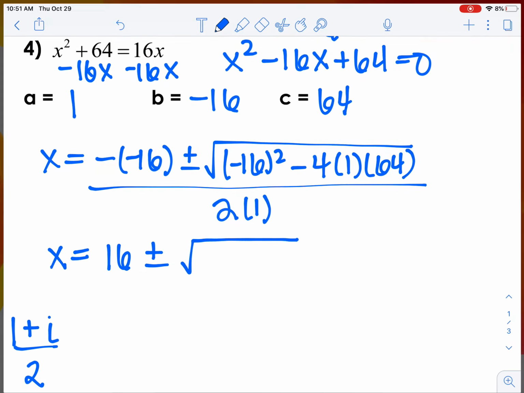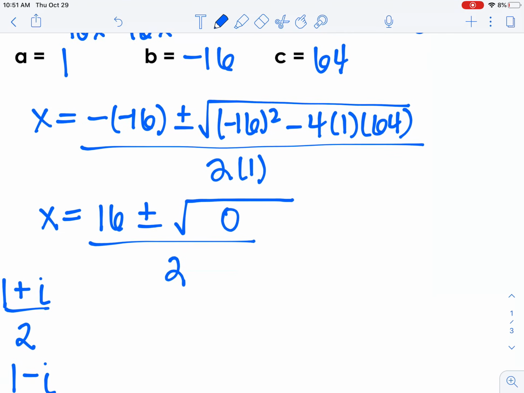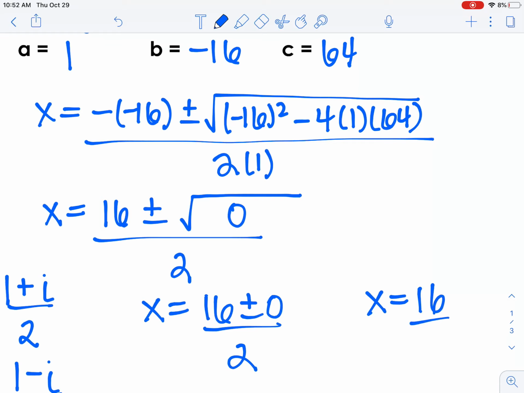Oh. So 0 under our radical over 2. So then when I take the square root of 0, x equals 16 plus or minus 0 over 2. So if I add or subtract 0, I'm not going to get anything different than 16 on top. So this quadratic only has one answer, 16 over 2, which is 8.